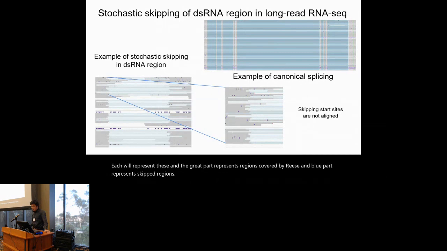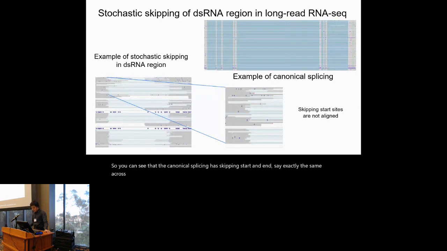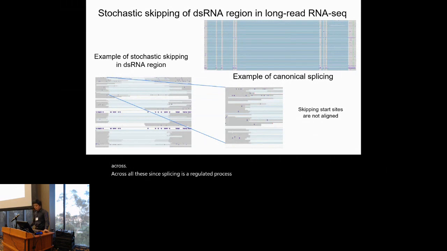So you can see that the canonical splicing has skipping start and end sites exactly the same across all reads. Since splicing is a regulated process, there's no variability in skipping across reads. If you look closely at skipping in double-stranded RNA region, you can tell that starting and ending are all relatively random.